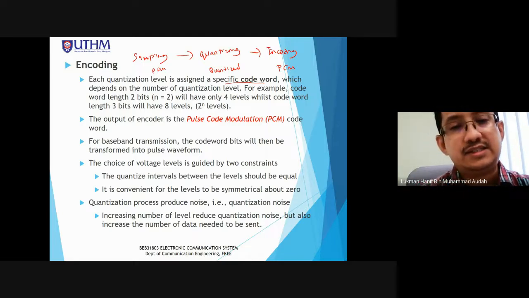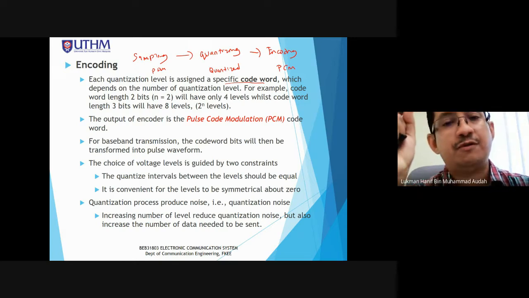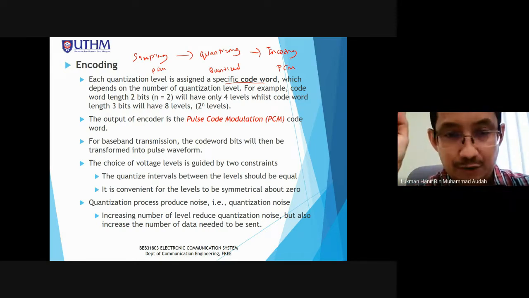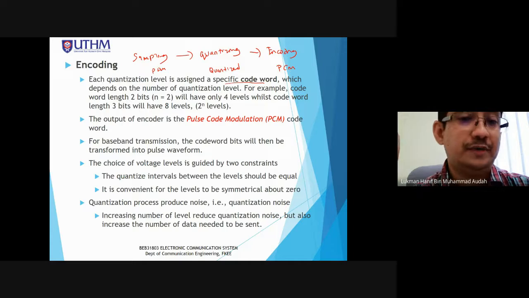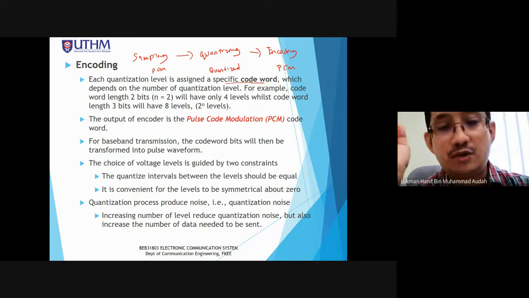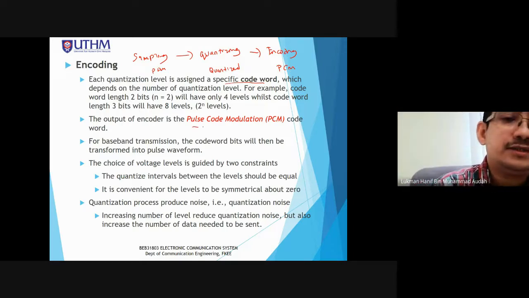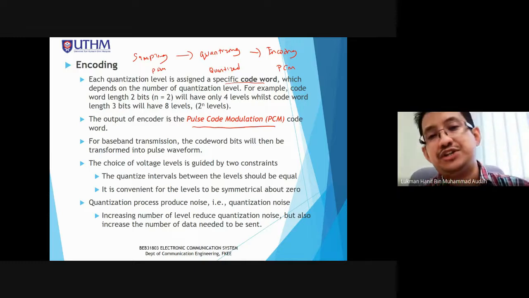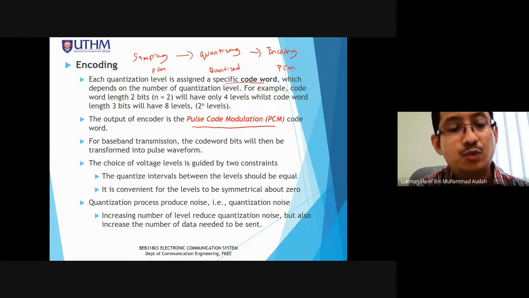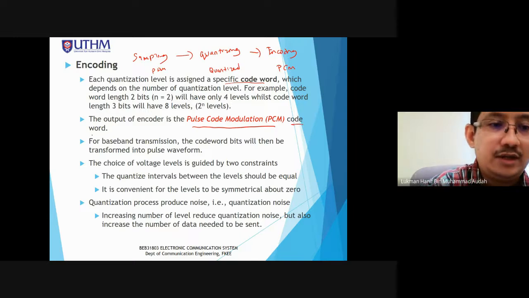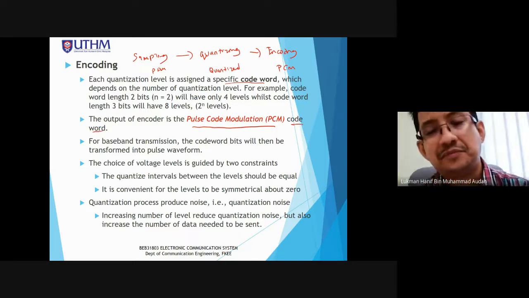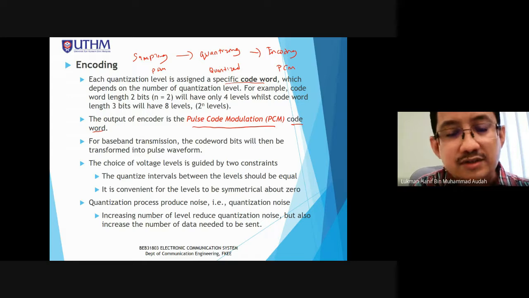We assign a specific code word for each sample value. Itu adalah encoding. And the output of this encoder is what we call as pulse code modulation code word. Ni dia kata code word. Dia tak kata signal. Okay. Apa itu code word?